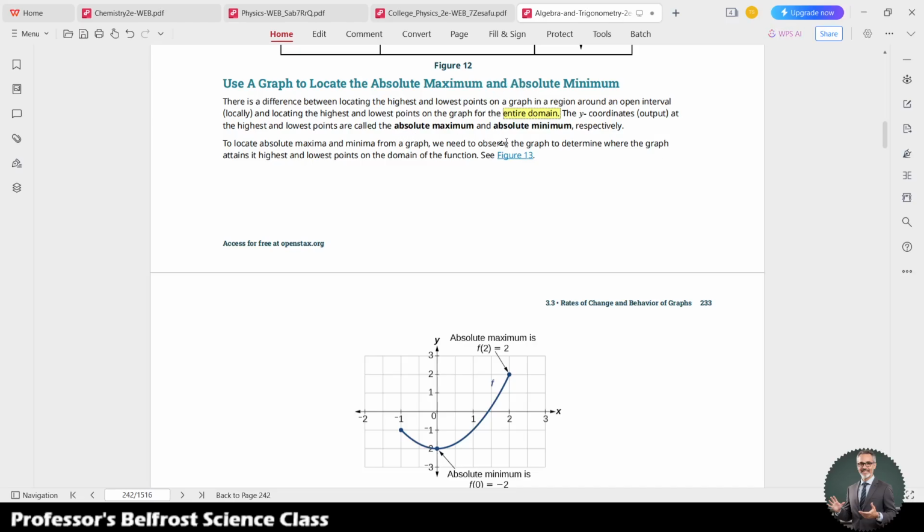With relative extrema we are dealing with a certain domain, not the entire domain. But for this, we need to consider the entire domain. So the y coordinates, or outputs, at the highest and lowest points are called the absolute maximum and the absolute minimum respectively.